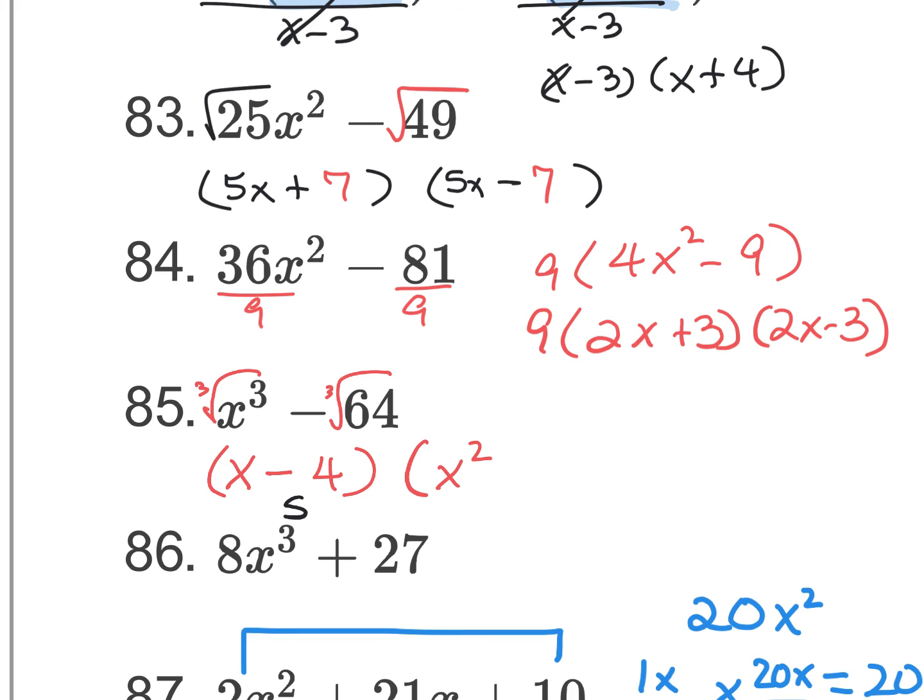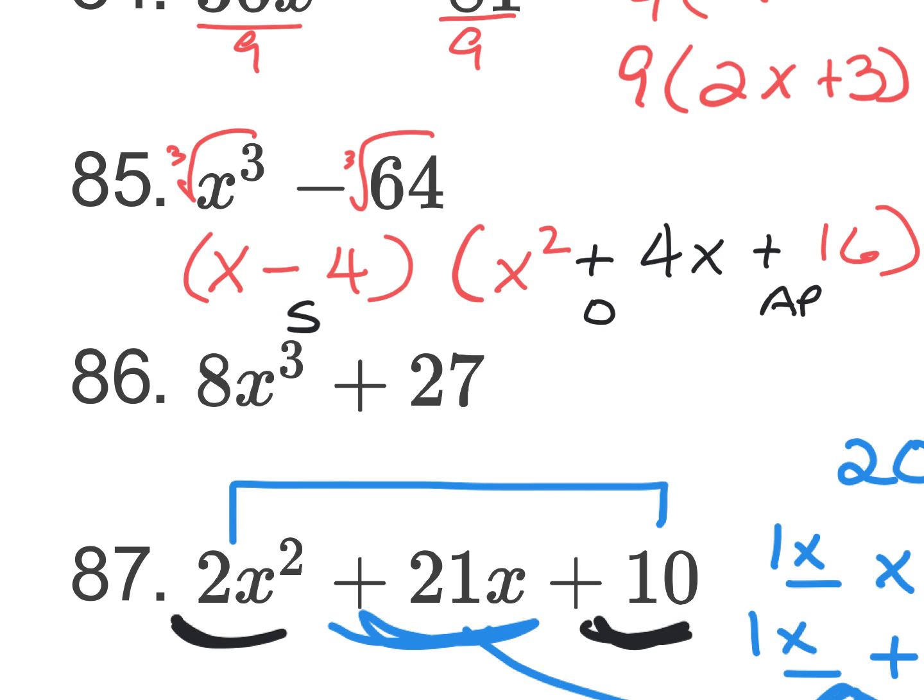Opposite sign, so the O in the word SOAP. And then I'm going to multiply the x and the 4. Then the next sign is always positive. And then it's just the 4 squared. That trinomial that you get when you factor that cube cannot be factored any further. It will always stay just like that.